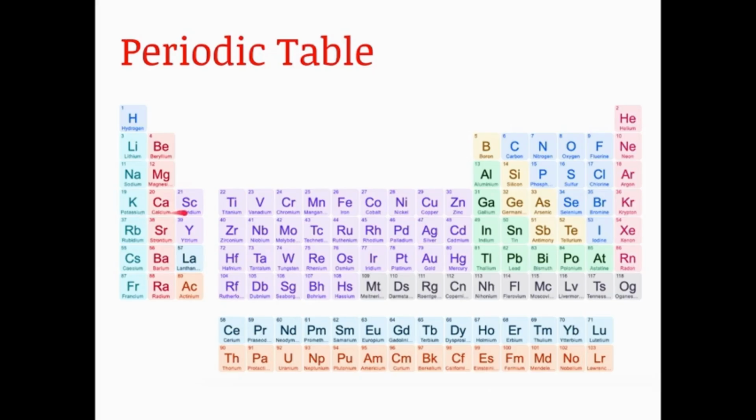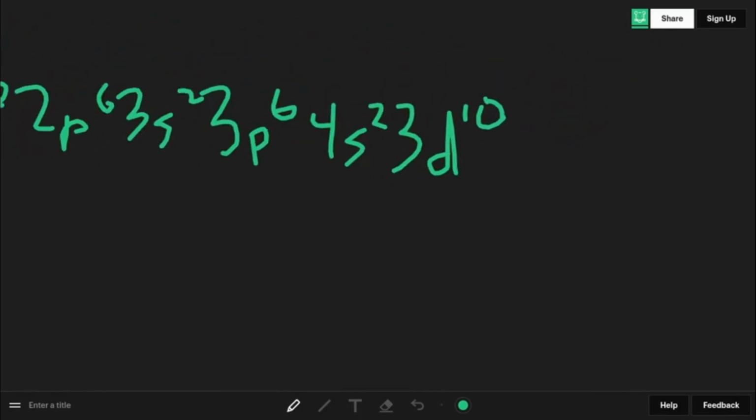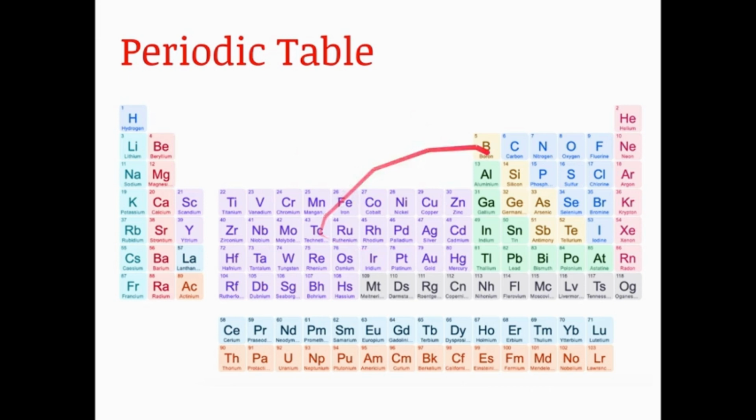Now, however, begins the D section. So in the D block, this here from titanium to zinc, that is the 3D portion. So we're going to have 3D, and since there are 10, we're going to write 3D10. And I'll show the final answer in a sec after we finish this up.